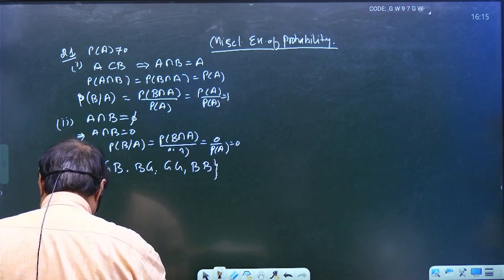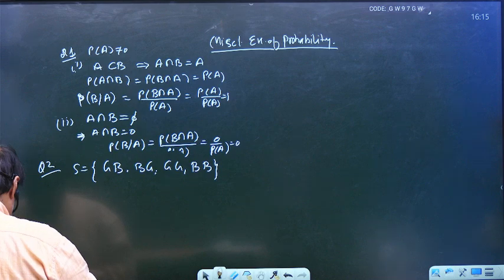And it is known that at least one of the children is male.